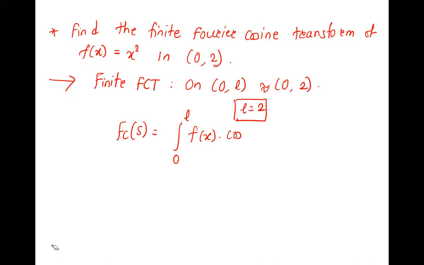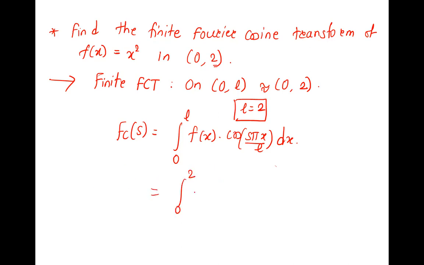Cos sx when it is having pi, but when it is having L, it is cos(s pi x upon L) dx. You should take care of this in finite. So whenever a number comes and not pi, the angle should be s pi x upon L. Chalo, put the values and solve.